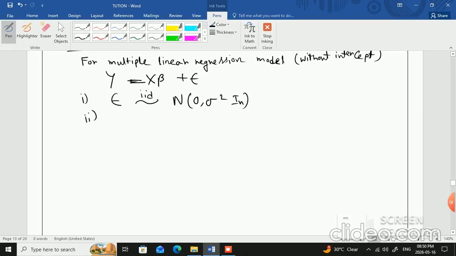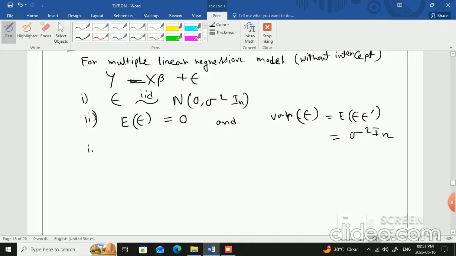Second assumption is expectation of epsilon equal to 0 and variance of epsilon equal to expectation of epsilon into epsilon dash equal to sigma square In. This assumption comes from the first assumption, the mean and variance of the normal distribution of epsilon.